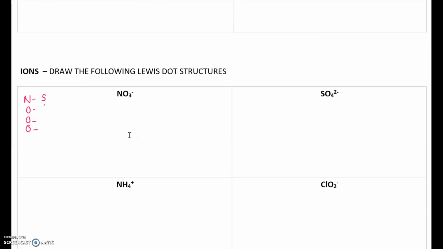So we'll put those here, 6, 6, 6. And then we have to take into account this negative, which tells us that we get 1 extra valence electron. So we add all those up, 6, 12, 18, 19, 24. So there are going to be 24 valence electrons in this Lewis structure.